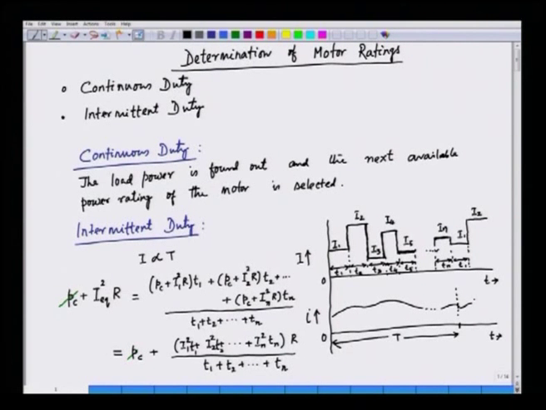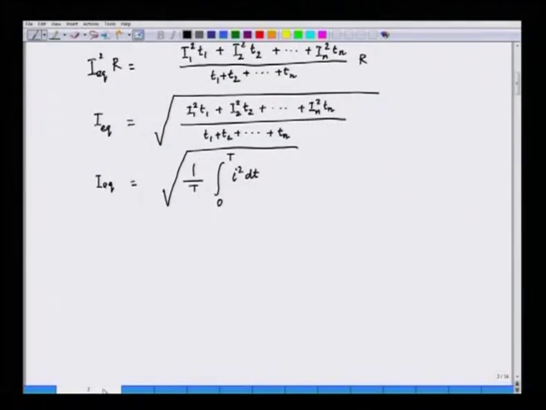If this is the nature of the current and the variation is continuous, we can integrate the current over the whole time period, and the integration will give us the equivalent current, as we have seen in the equation. So, this is the equivalent current that we have.